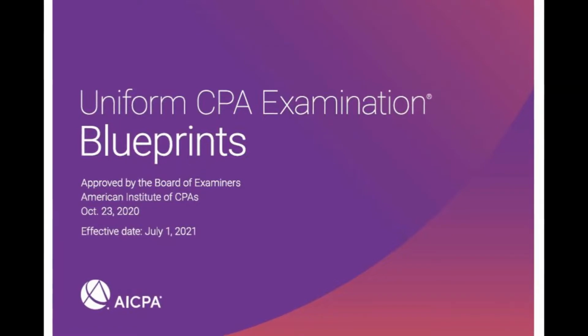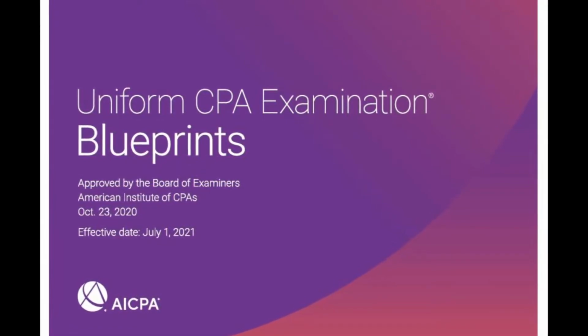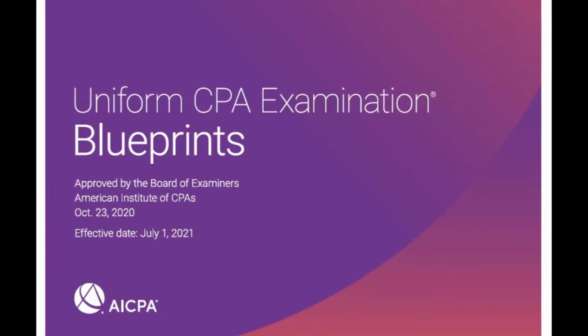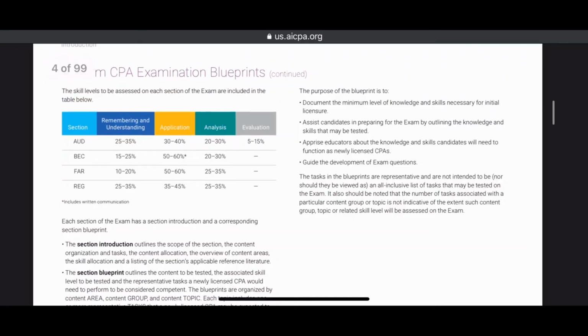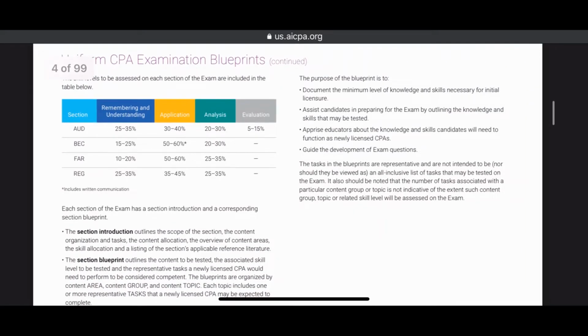I suggest that you review the AICPA's CPA examination blueprints, which was approved by the Board of Examiners. The CPA exam blueprints are so helpful because they break down each part of the CPA exam by providing a section introduction that outlines the scope of the section, the content organization and tasks, and the content allocation by percentage.